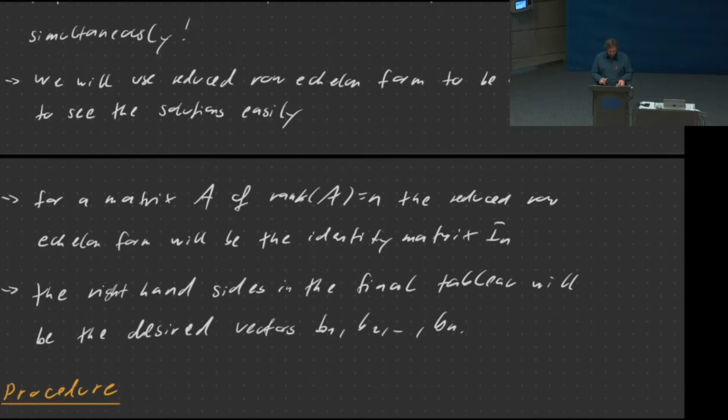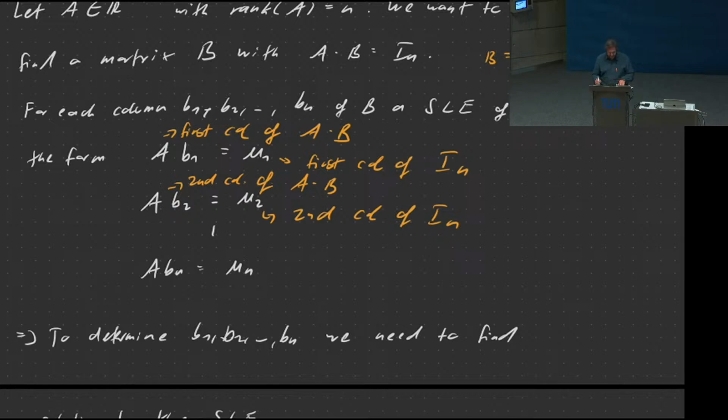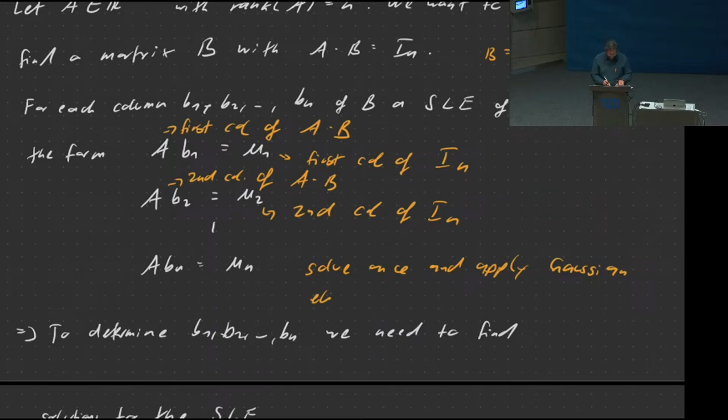And that means effectively, we solve the same system n times just with different right-hand sides. So what we could do is just do all the Gaussian steps once and apply them to all right-hand sides at the same time.